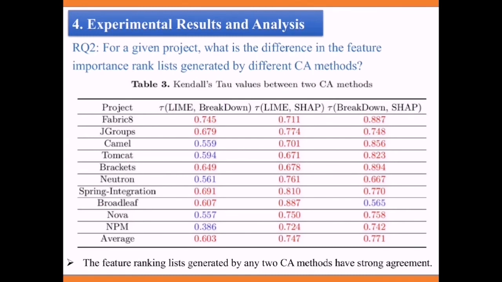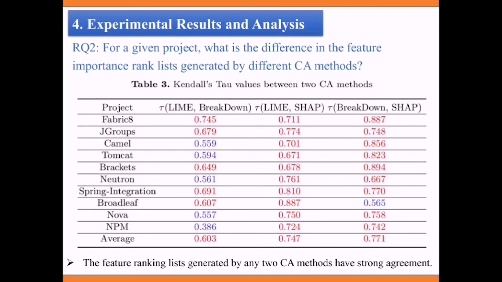The feature importance rankings generated by CA techniques can provide valuable insights and help developers design code changes with low defect probability. Our second question is, for a given project, what is the difference in the feature importance rank lists generated by different CA methods?